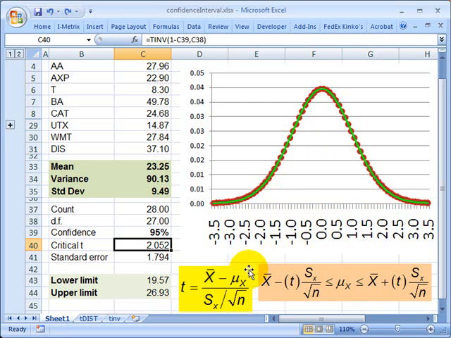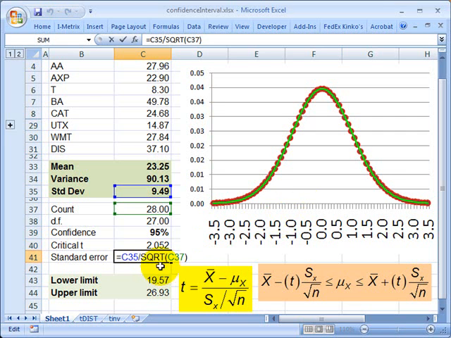So I can use that to construct my confidence interval. One thing I need to do is my standard deviation is really going to be my standard error in this case, which is I take my standard deviation, that's up here, and divide it by the square root of n, or in this case I have 28 data points.